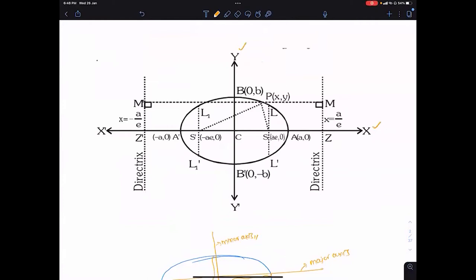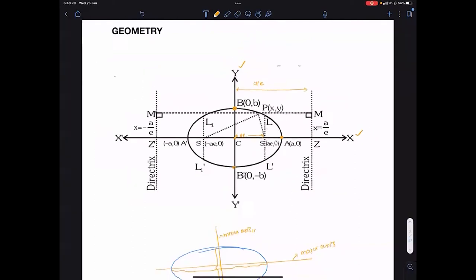The points you need to remember: how far will the focus be from the center of the ellipse? It is at a distance of AE units. How far is the directrix from the center? A by E. How far are the ends of the major axis? A. Ends of the minor axis? B, small b. You have to remember those things.